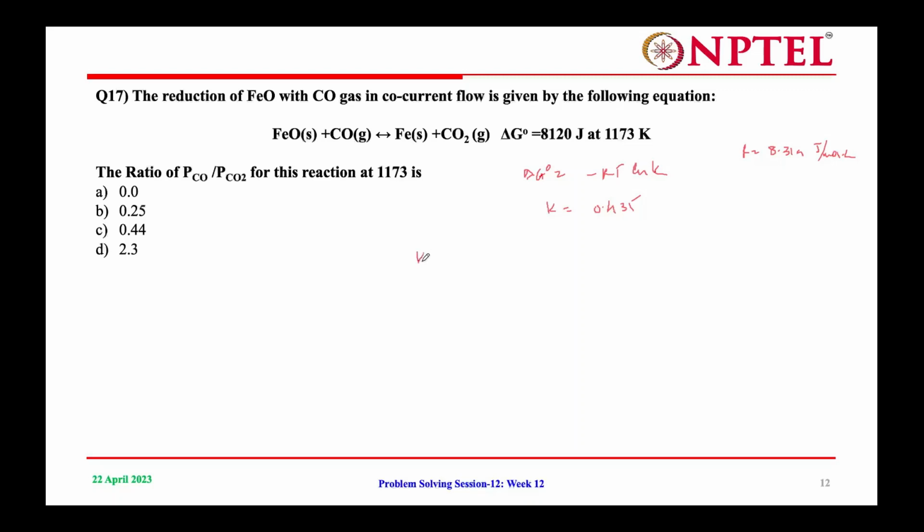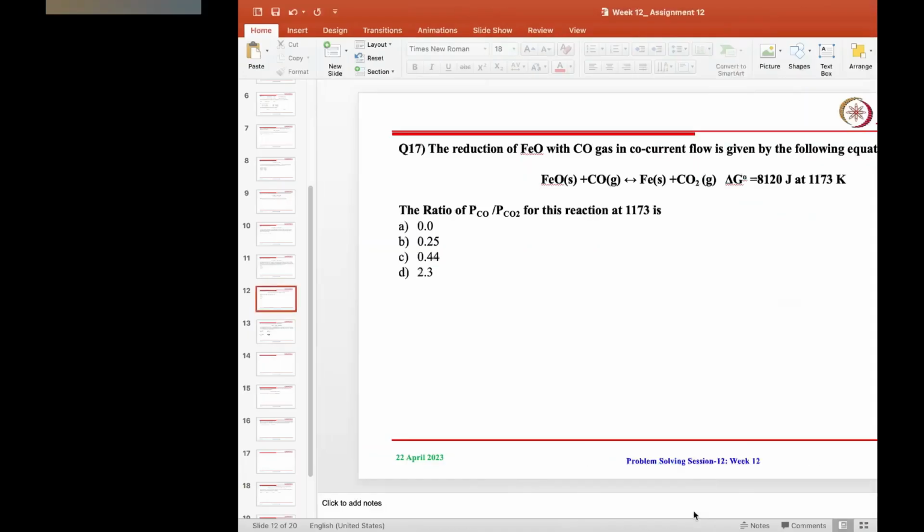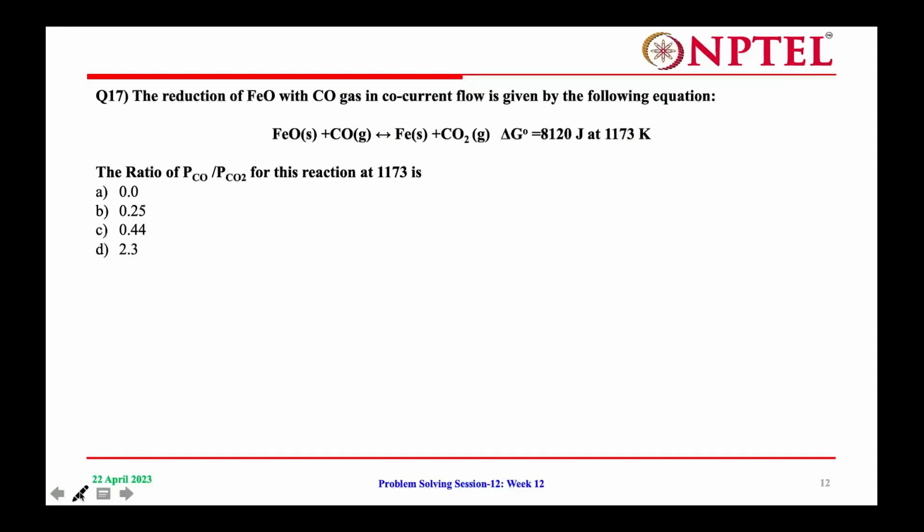So K is equal to the product of the fugacities raised to the stoichiometric coefficients in this relation. Fugacity of solid is 1, right?